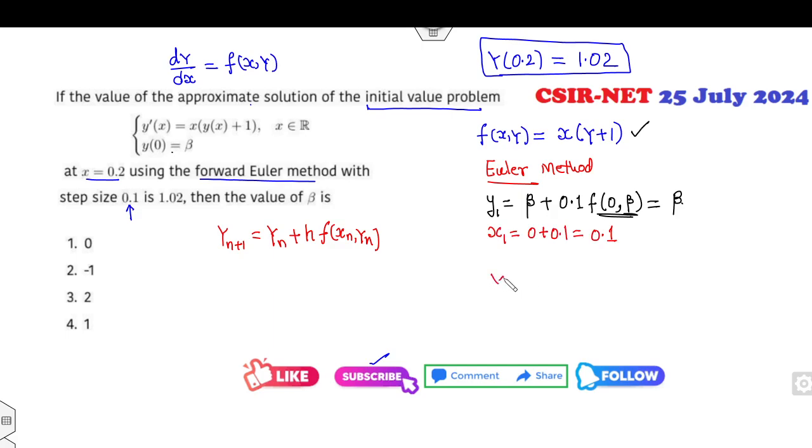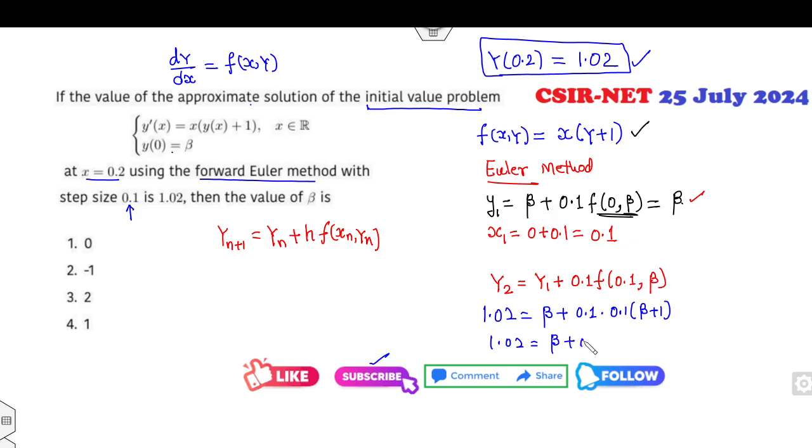Now your target is to find y2. y2 is y1 plus h times f of x1 comma y1. y1 is my beta. Now you can substitute the values. y2 is 1.02, y1 is beta, h is 0.1, and this is x into y plus 1, so that will be 1.01.